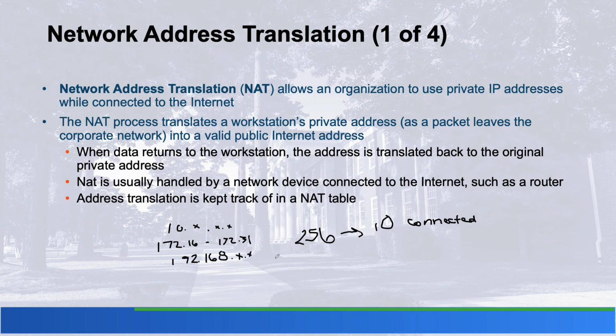NAT allows us to take these private ranges, and when it gets to a router, swap out the IP address of the private range with a public IP, so that these computers can now use the internet. Even though they have repeatable IP addresses, when it gets to the router, it lops off the private address and then gives it an address that could be used out on the internet. And then the router's going to remember who sent that packet so that you can communicate.